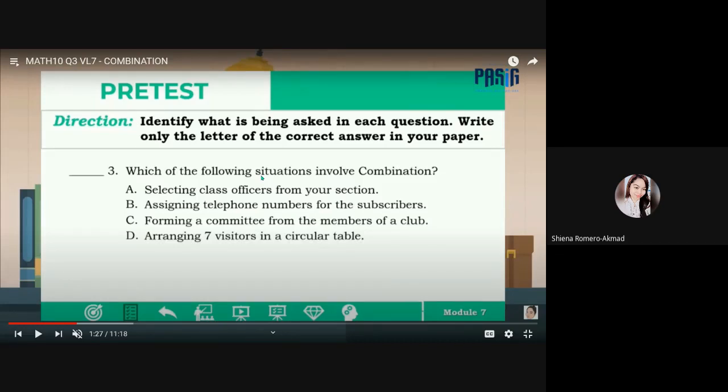B, assigning telephone numbers for the subscribers? Is it C, forming a committee from the members of a club? Or is it D, arranging 7 visitors in a circular table? Why?